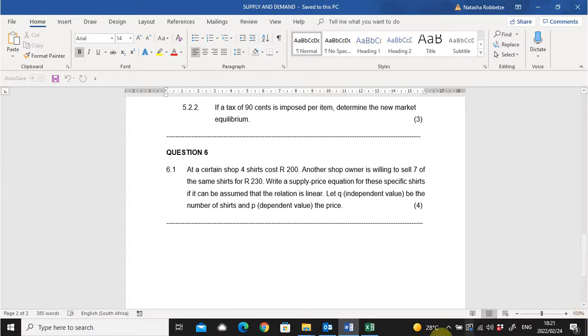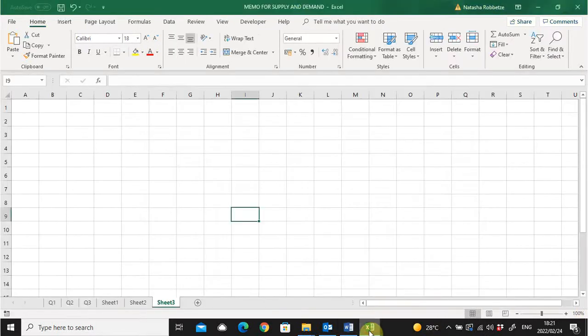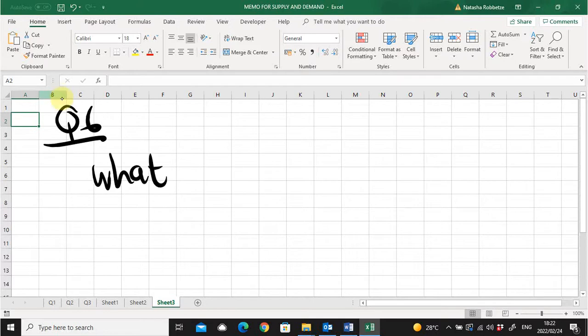So for the equation, again, we have two steps. We're on question 6 for anyone who has fallen asleep. We need to get to an equation. Let's just do a recap again. What can they ask you in a test relating to supply and demand?